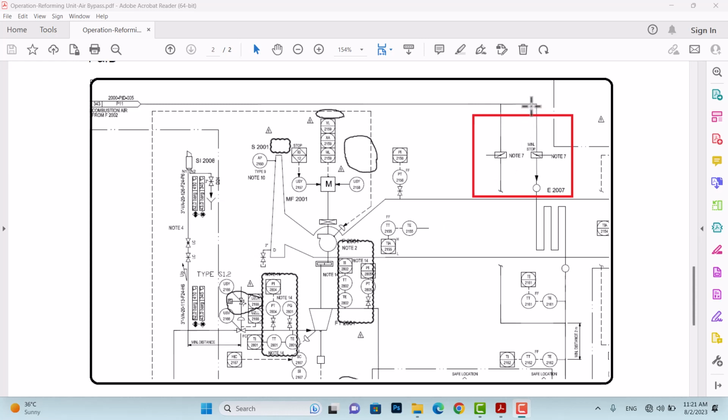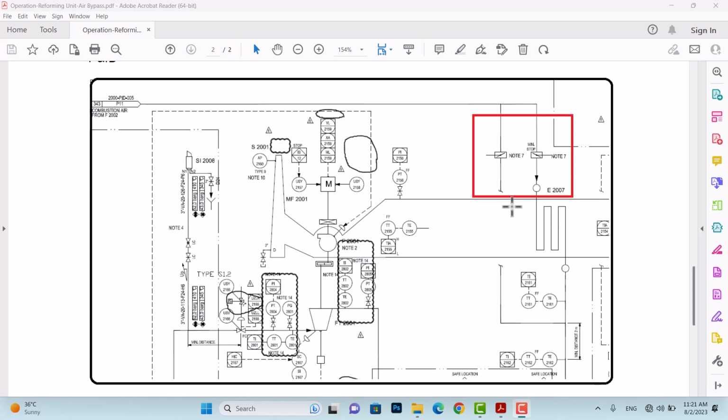So I bypass some amount of combustion air in this direction, and that portion of the flow rate of the combustion air is not going to pass through this exchanger. It means that the flue gas, which was exchanging heat with the combustion air, now cannot transfer all of its heat, because the flow rate of the combustion air is not as much as before.